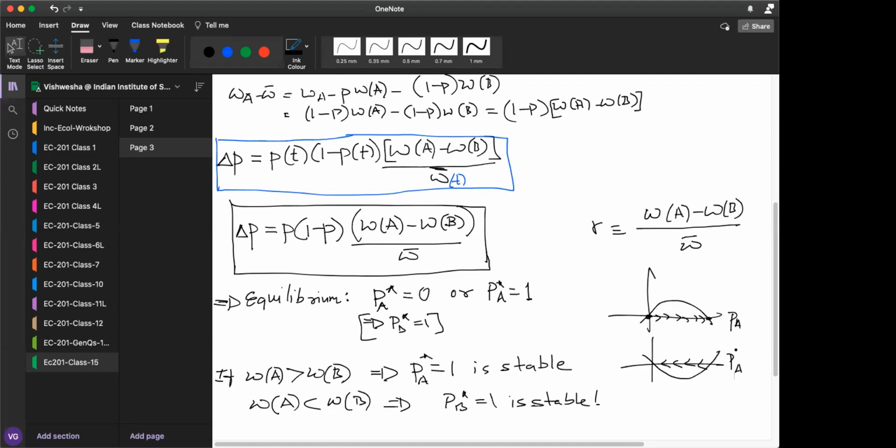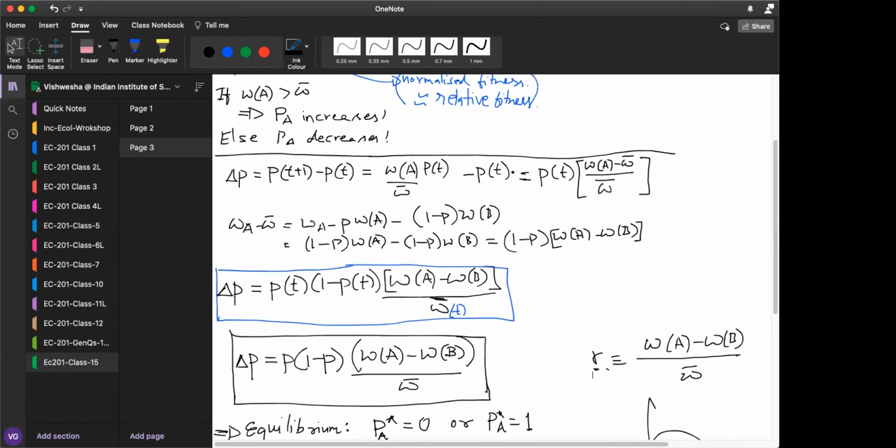Okay. For example, as people have already noted down, this is not like the R that we had in the previous instance, right? Because in the logistic model, R was a constant. Is R a constant in this case? It need not be a constant because R depends on omega bar. Omega bar itself depends on P, right?